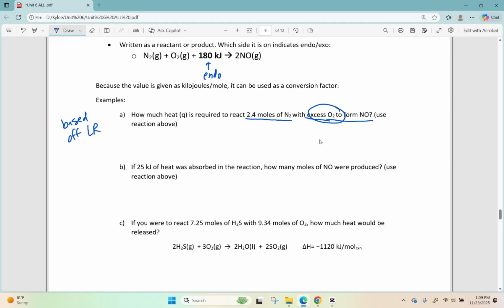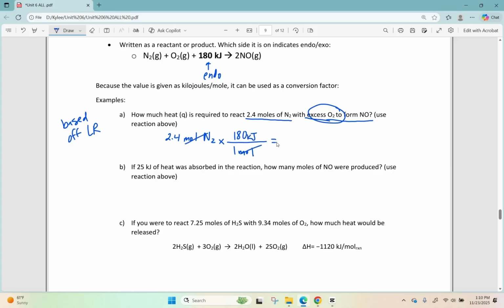So them telling us that oxygen's in excess means that the nitrogen is going to get used up completely. I can simply take the 2.4 moles and I know that it is 1 mole and it is going to require 180 kilojoules.